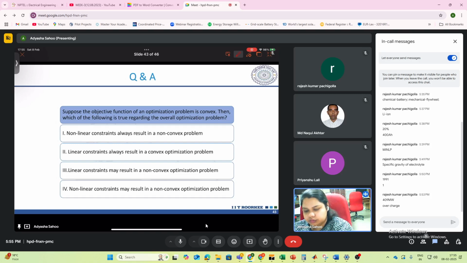So it is being said that the objective function is convex.